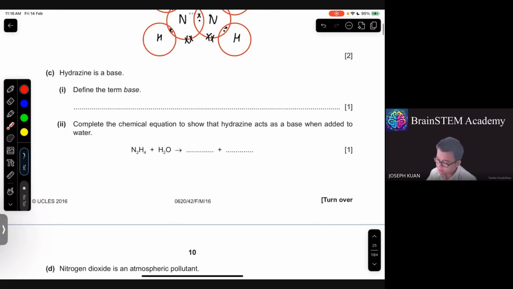Next, hydrazine is a base. What is a base? It's a proton acceptor. Complete the chemical equation to show that hydrazine acts as a base when added to water. So to show that it accepts a proton, you add a hydrogen ion, and this one removes the hydrogen ion, so what is left over is N2H5 plus and OH minus.